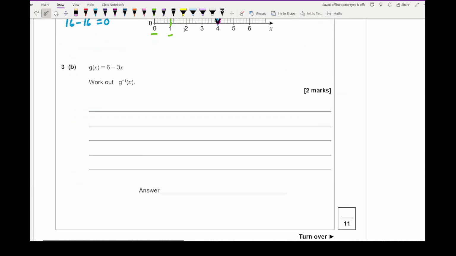Moving on to question 3b, it says g of x is equal to 6 minus 3x, and work out the inverse function of x. So to work out the inverse function, the first thing we do is make it equal to y. And then what we then want to do is make x the subject. So if I do y plus 3x equals 6, then 3x equals 6 minus y, and then x equals 6 minus y, all divided by 3.